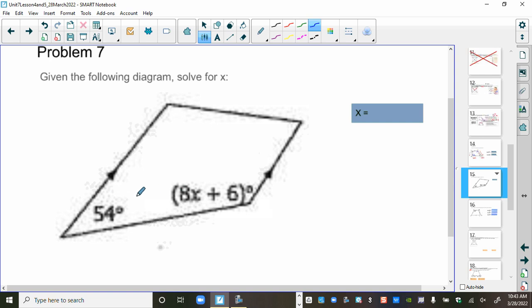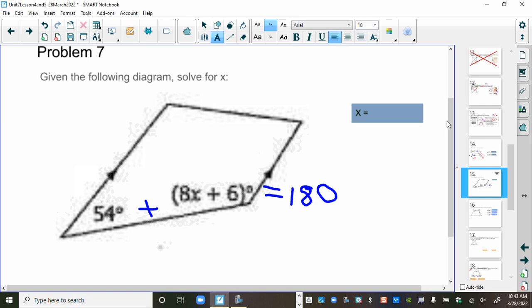Now, here, this is where it could be the right to left. The same idea. What must the sum of these two angles add up to be? There's your setup.